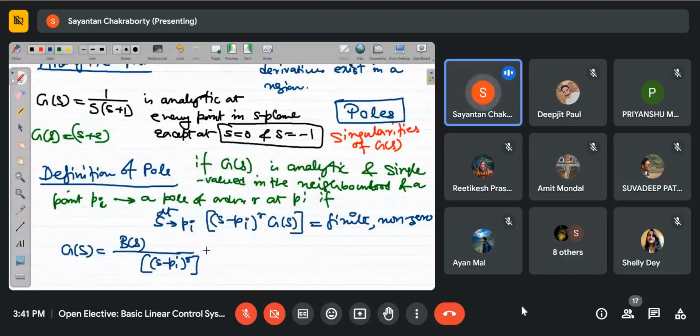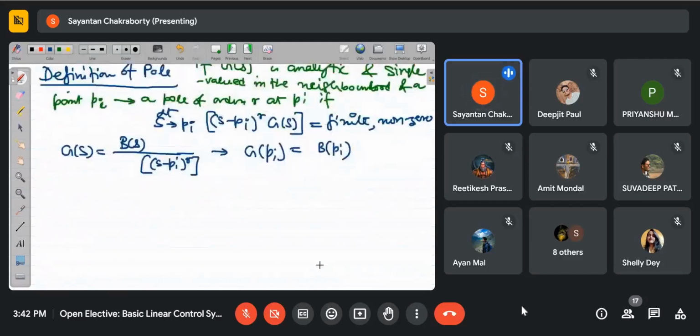So when you put s equal to p_i, then the limit should be a finite and non-zero value. Fortunately, you do not have to dig so deep into this theorem.